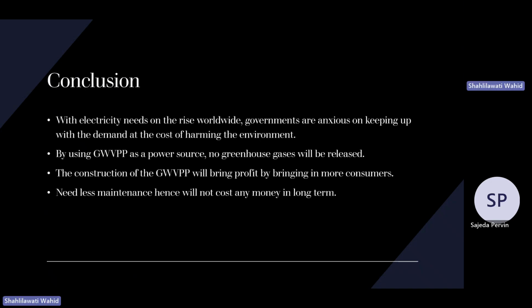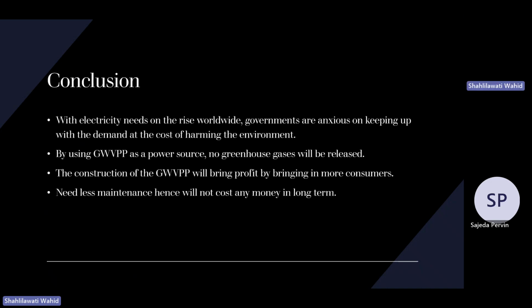So for the conclusion, electricity need worldwide is on the rise. Government groups are also anxious about keeping up with demands, while also preventing damage being done to the environment.